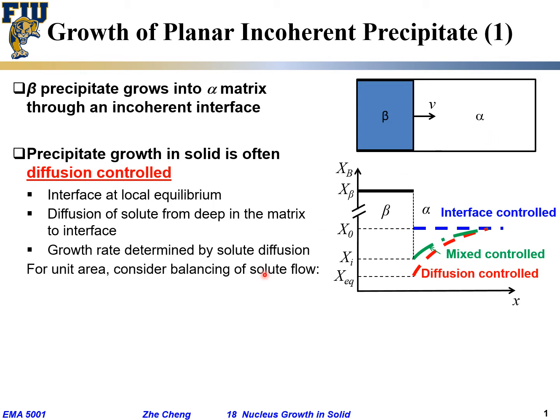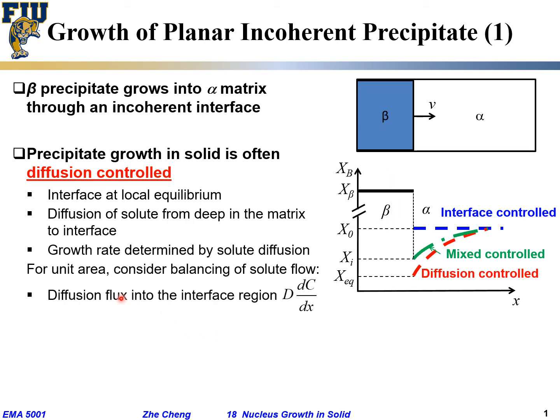Okay, under such a scenario, if we consider the balance of solute atom flow, the solute atom will diffuse from deep in the matrix to the interface, and then right at the interface, if it goes through the alpha to beta phase transformation, the solute has to go into the beta phase.